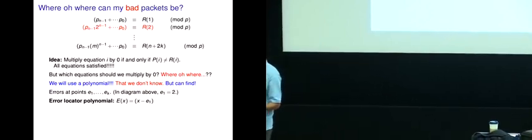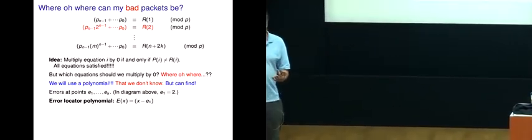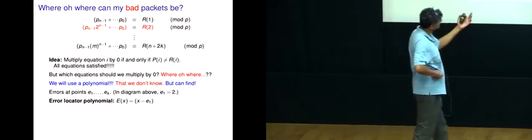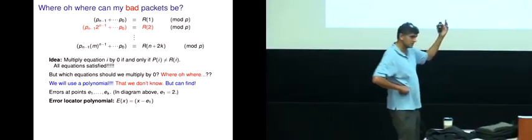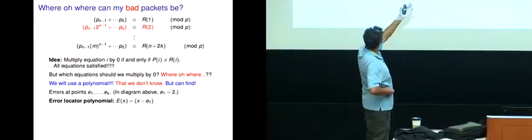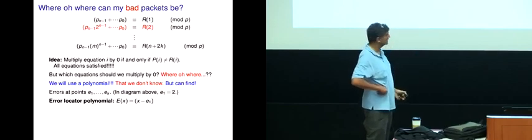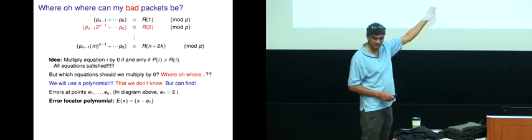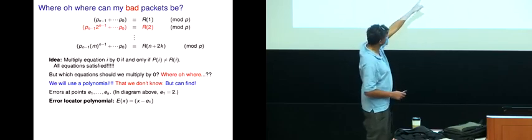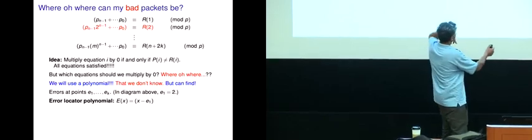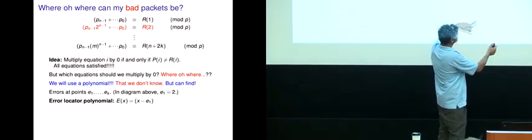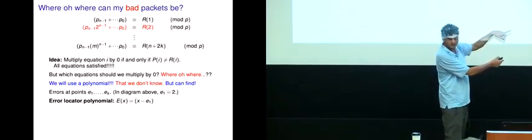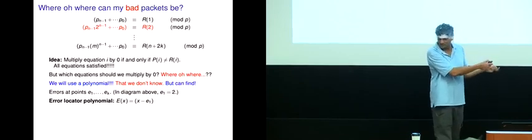Now the error locator polynomial, what property should it have? It should be 0 where the errors are. I'm going to call it the error locator polynomial, and I'm going to make it be 0 where the errors are. Is this going to be 0 at E1? If I plug in E1 into here, will I get 0? Yes, I get E1 minus E1, which is 0.